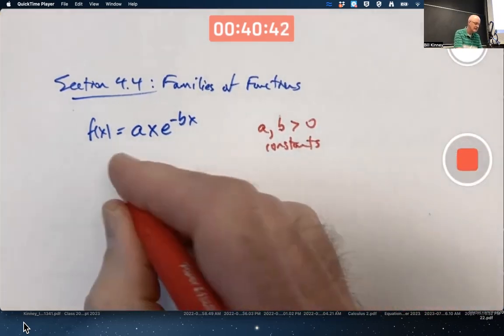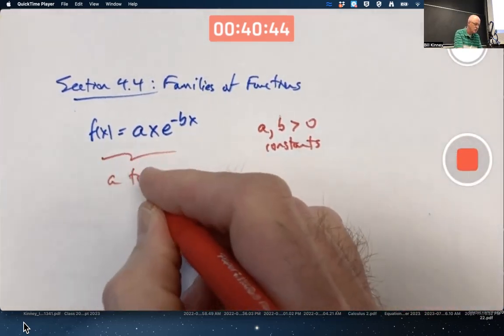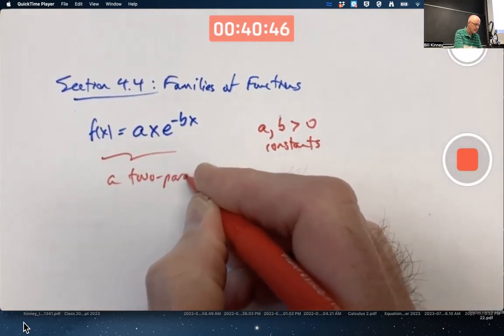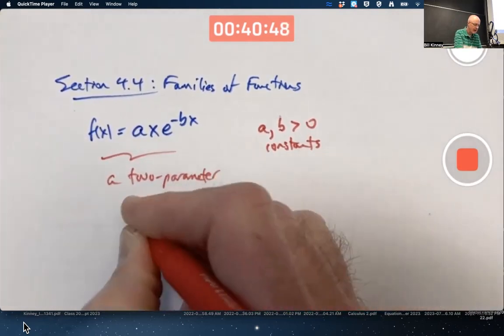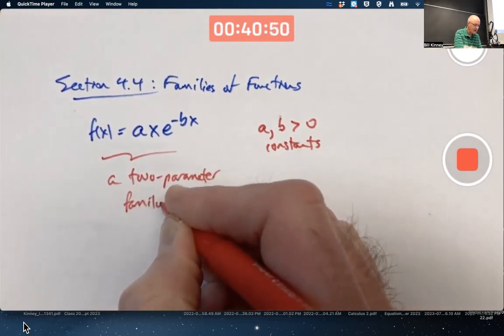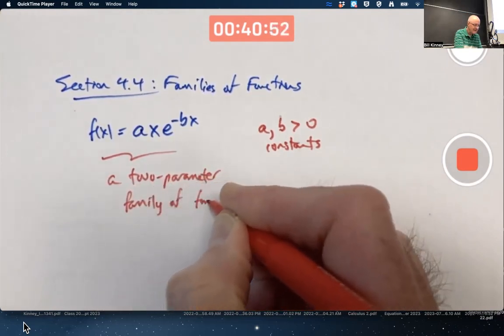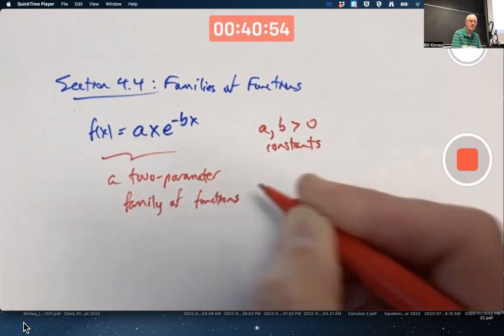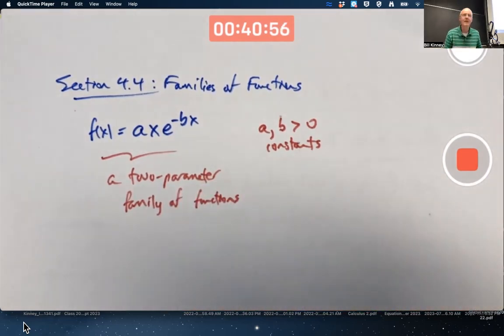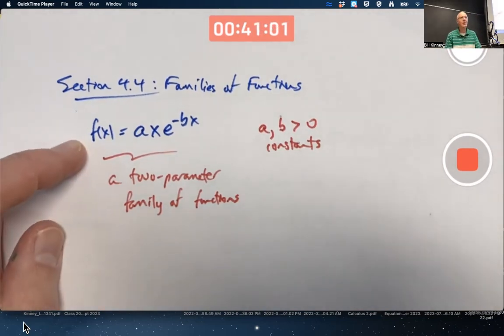It's a two-parameter family of functions. Technically speaking, my notation that I'm using here is not ideal because just writing one symbol f of x makes you think, oh, this is one function.